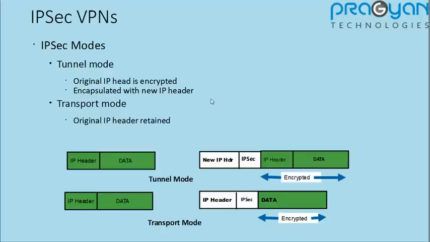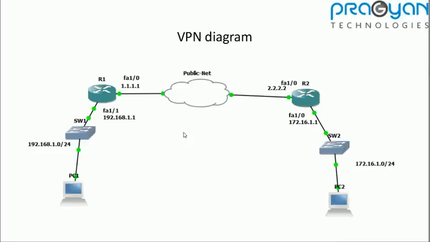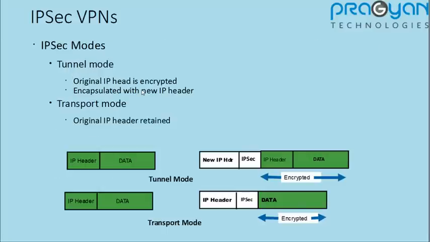There are some scenarios when you would use tunnel mode and others where you can use transport mode. So what is tunnel mode? Tunnel mode is what we have spoken about previously, a couple of slides back. If you are creating a site-to-site VPN, for example, if you have private IP addresses, you want these private IP addresses to be put inside a new header of public IP addresses. In that case, you are going to use tunnel mode. So what happens in tunnel mode?